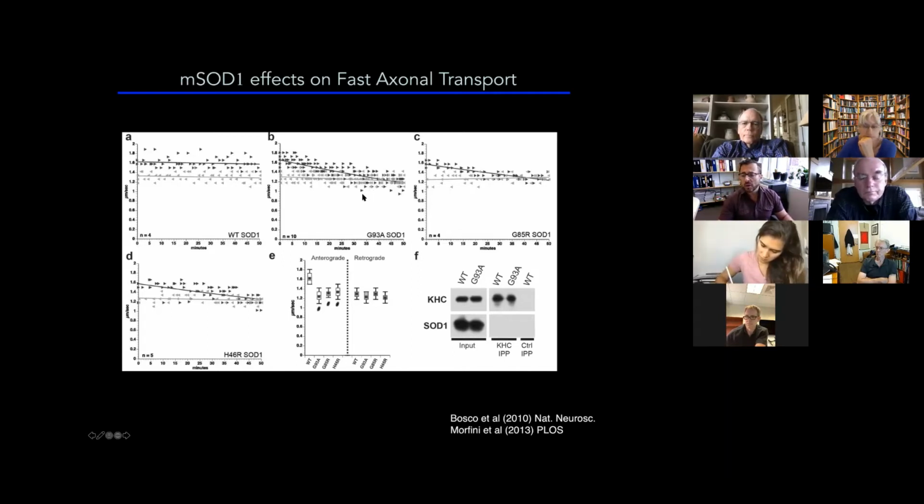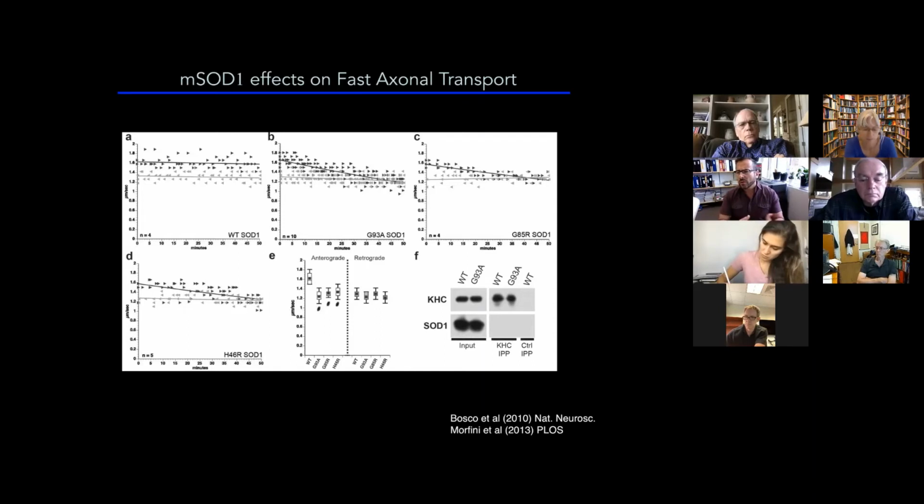There were a lot of hypotheses by the time we got these results that had been put forward as to how this mutant SOD1 may be causing deficits in transport. A favorite one for many people was that the aggregated protein somehow was capturing the motor proteins.